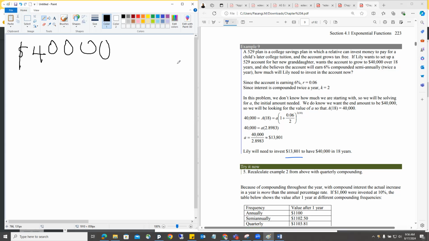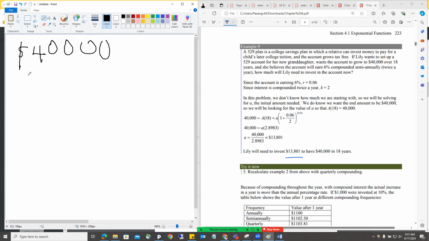After 18 years. So now what they are asking: she believes the account will earn 6% compounded semi-annually, which means twice a year. How much will Lily need to invest in the account now?